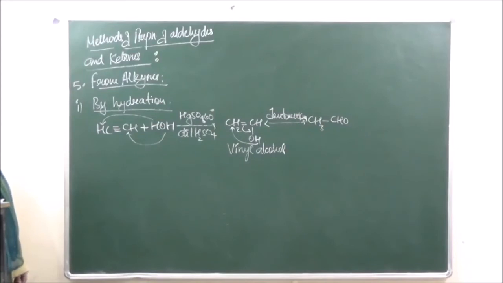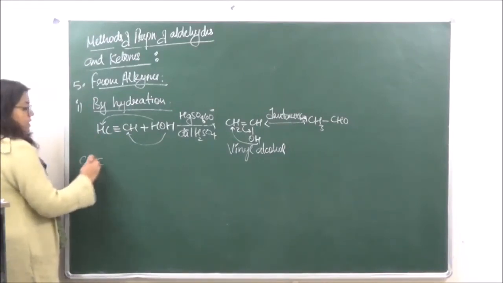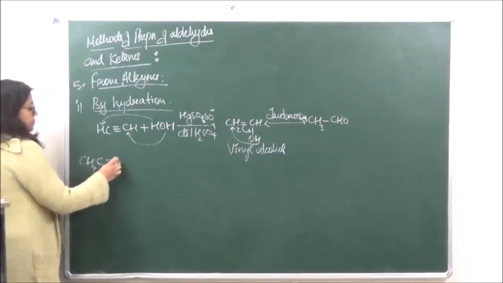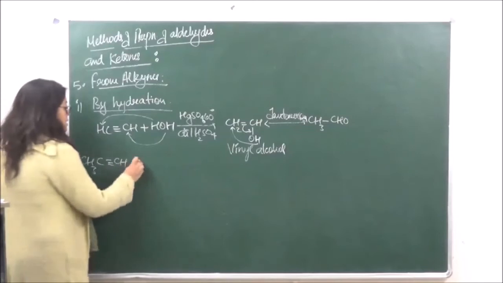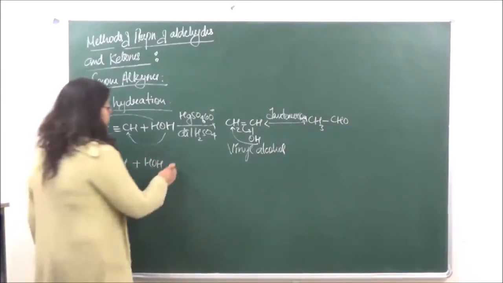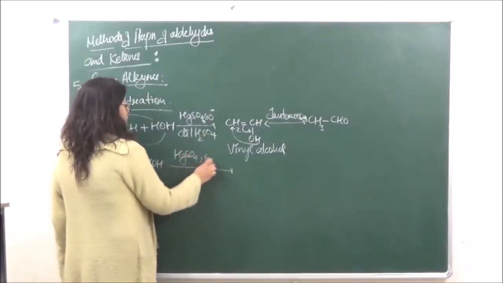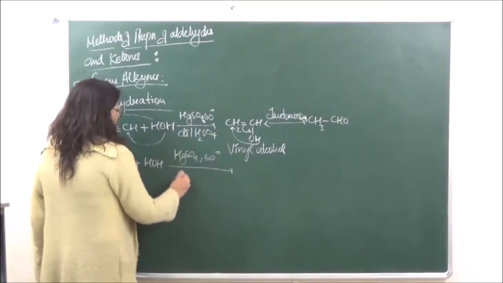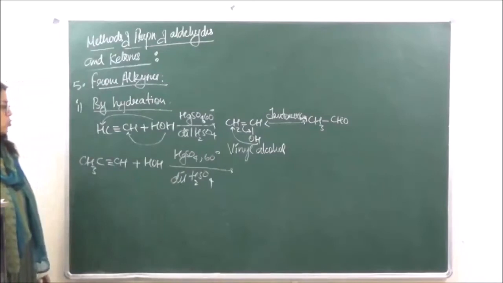Okay, now remember that formaldehyde cannot be prepared by this reaction. So let's take another alkyne to understand it better. We are taking a longer one now. CH3 C triple bond CH plus HOH in presence of dilute H2SO4.